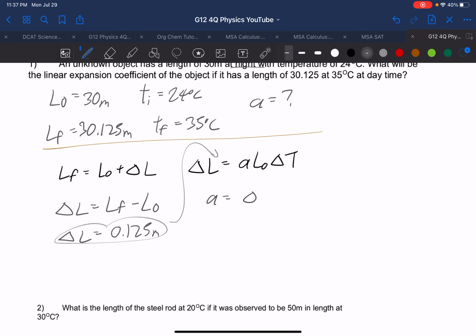Alpha is equal to delta L over LO delta T. LO is 30. TF minus TI, 35 minus 24, that's 11.